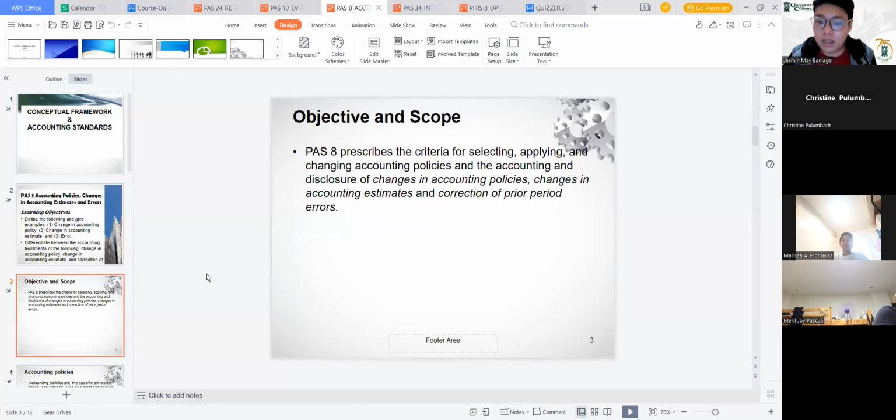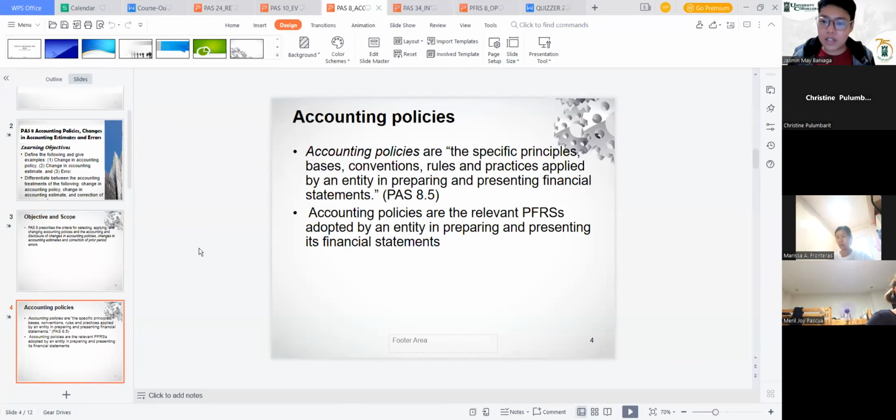The said accounting standard prescribes the criteria for selecting, applying, and changing accounting policies, and the accounting and disclosures of changes in accounting policies, changes in accounting estimates, and correction of prior period errors. So the first definition is about accounting policies under PAS 8.